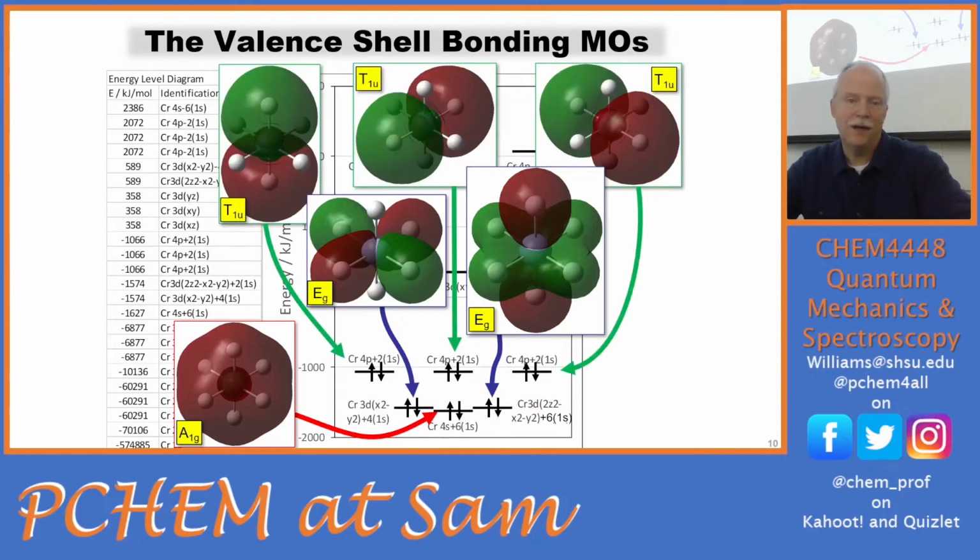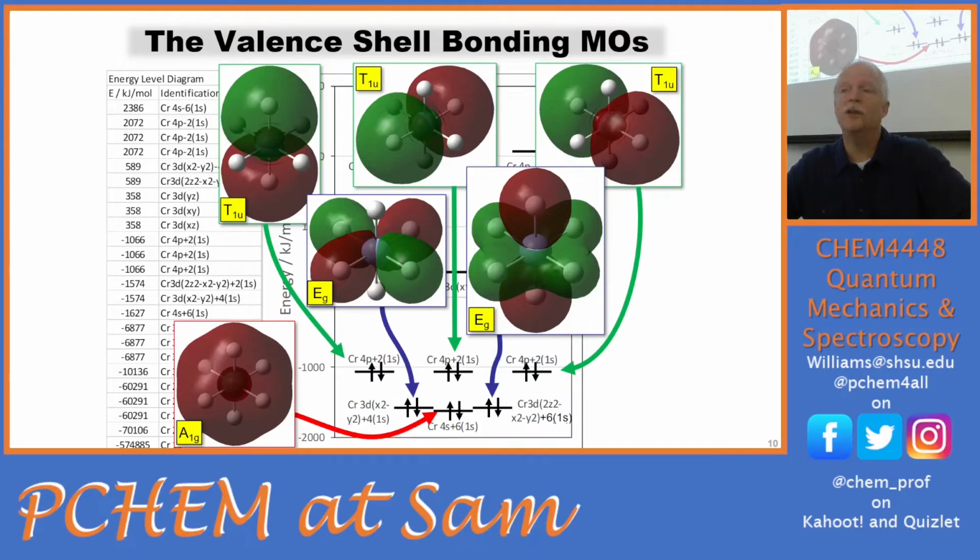And then here are the p orbitals that are interacting with the hydrogens. So there's the px interacting with the 2 hydrogens on the x-axis, the py and the pz, both interacting with 2 hydrogens each. So the highest occupied molecular orbital in this particular complex is the T1U.